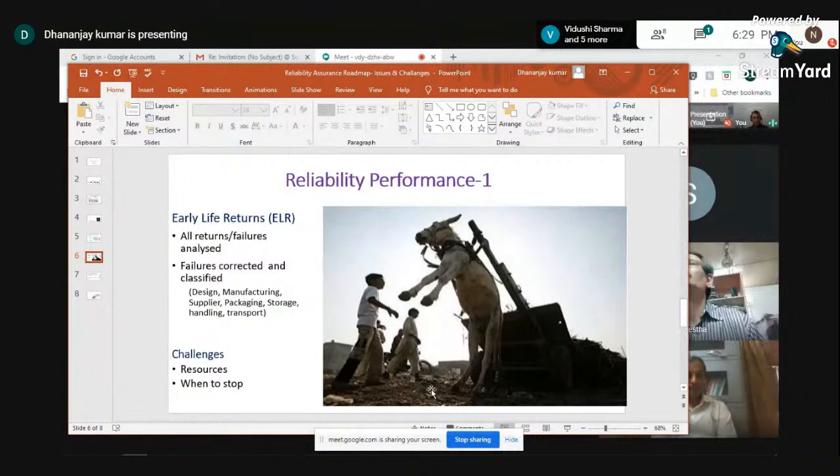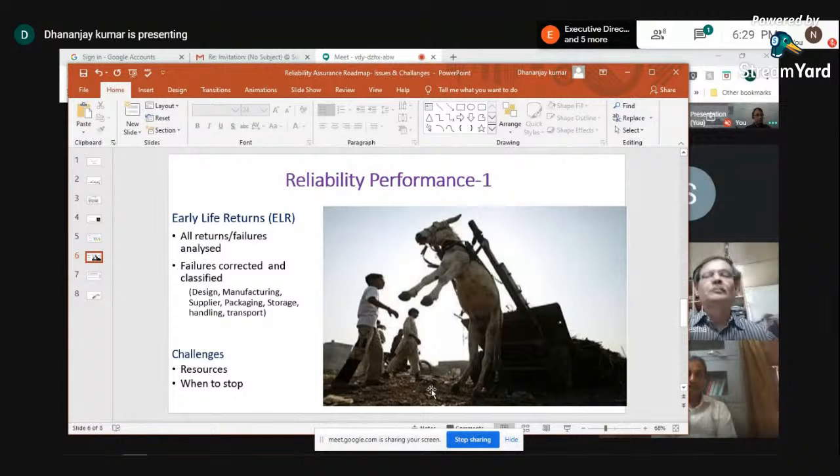Because currently you have looked at the reliability perspective and the design of the product. When you move from design into the operational side, if the design margin is not good enough, that's what we address in the reliability prediction.